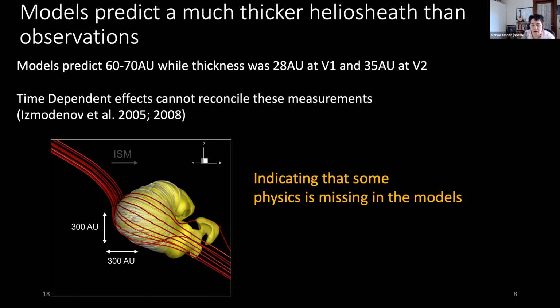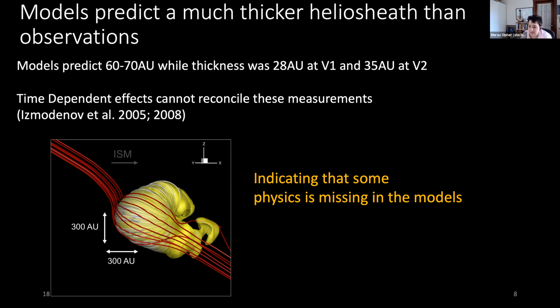Okay, the other problem we are debating within the community, besides the shape that I'm going to come to in a minute, is the thickness of the sheath. As I said, when Voyager crossed the Heliopause, the thickness turned out to be 28 AU at Voyager 1 and 35 AU at Voyager 2. It's very thin compared to what models predict, which is around 50 to 70 AU.